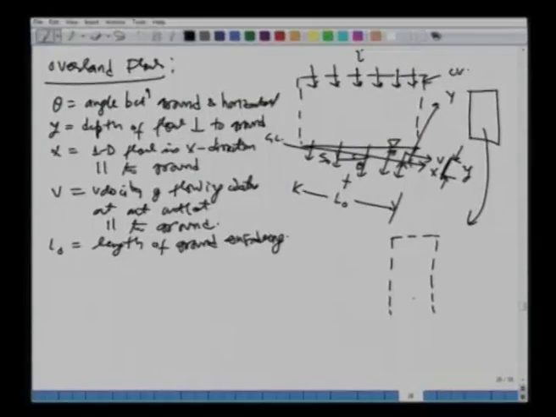You are looking from the right hand side, just perpendicular to the direction of flow. So, this is your ground level, this is your depth of flow y.